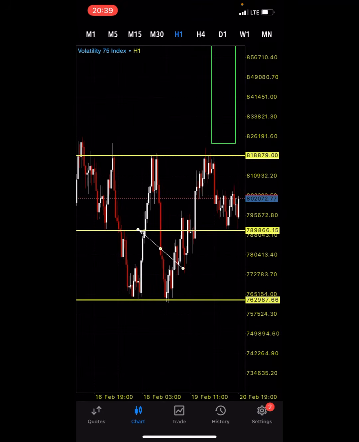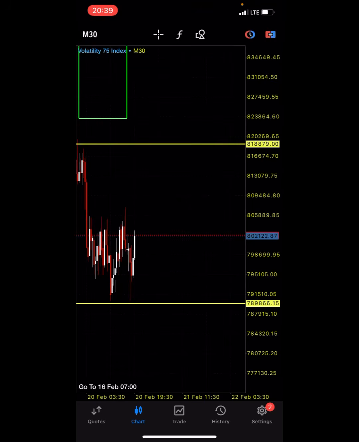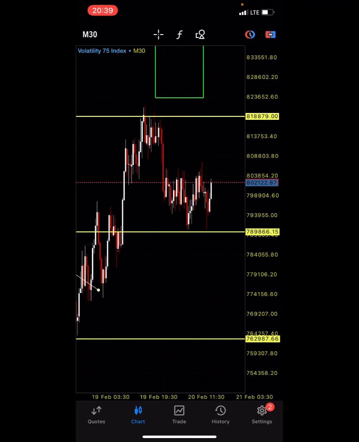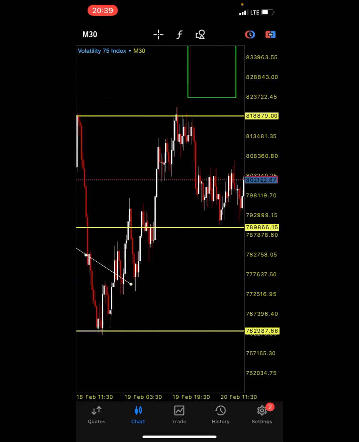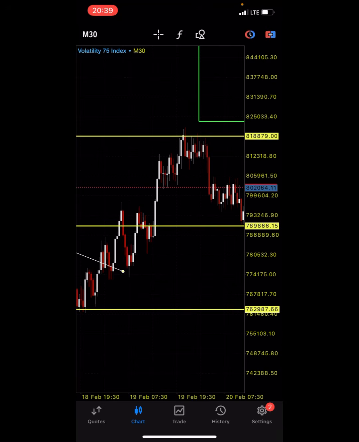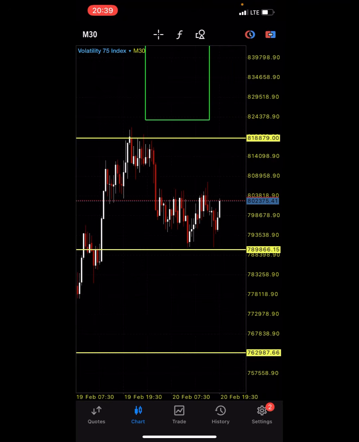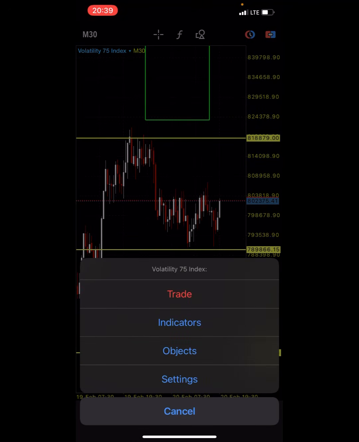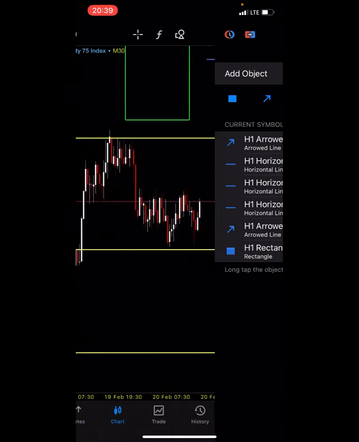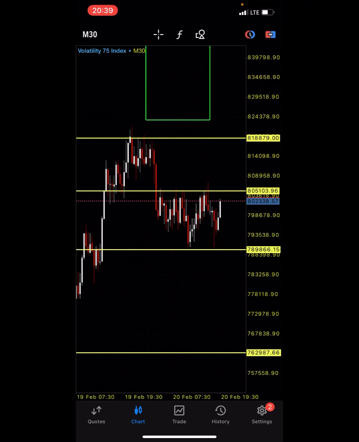Now let's head straight to the 30-minute chart. In the 30-minute chart, we have a clearer chart, so we can see more things happening. Now we have resistance here, boom. We have resistance here because we can see clearly the price is seriously resisting on this level.